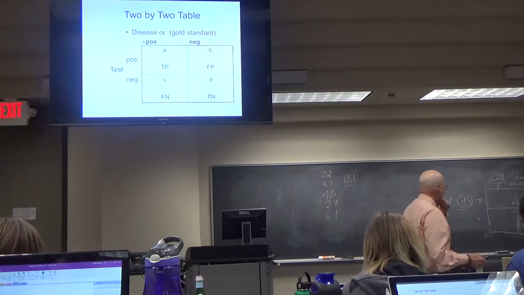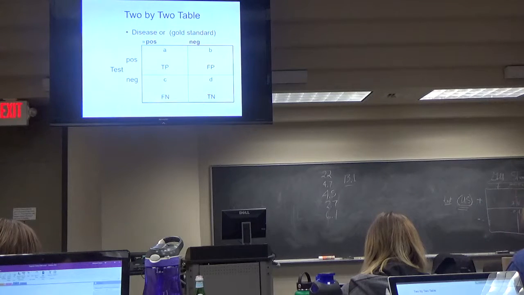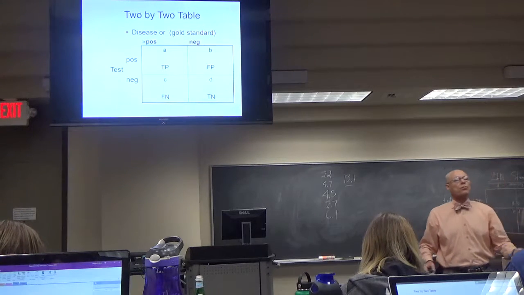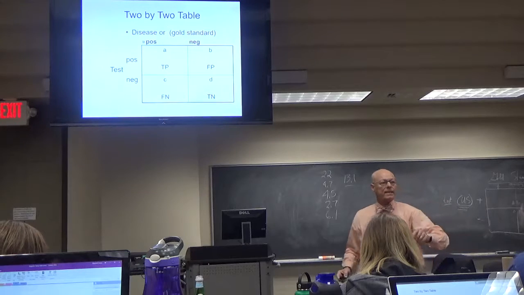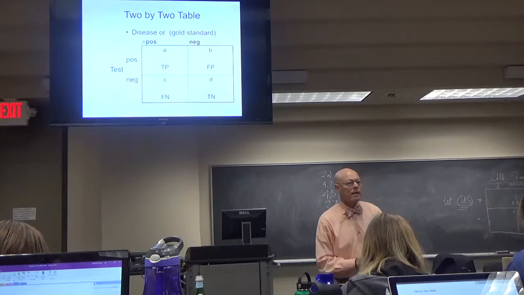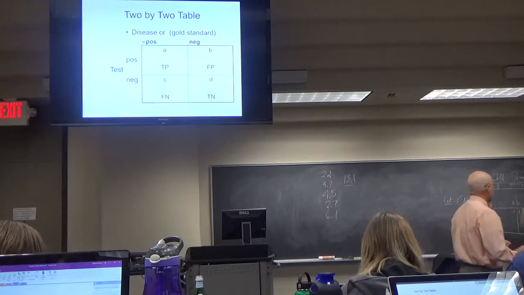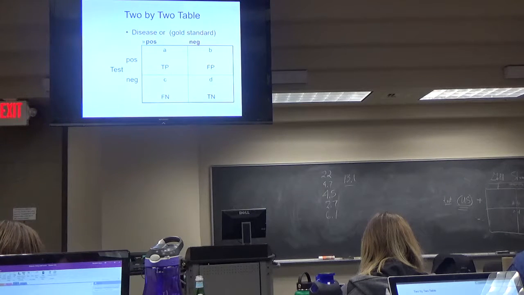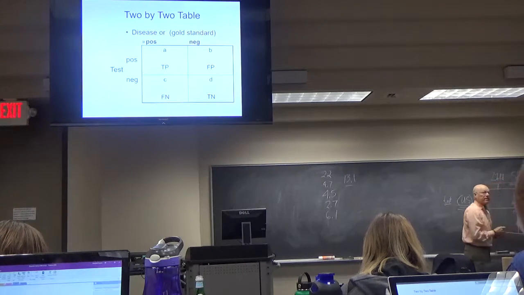So here's the 2x2 table. You've got the test on the left, we're going to call it ultrasound. We've got the gold standard up top. The gold standard would be the same as disease. Right? So if the gold standard is positive, we say they've got the disease.